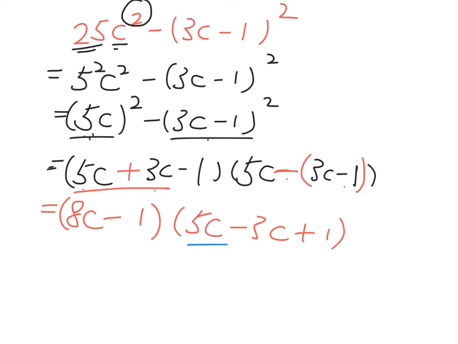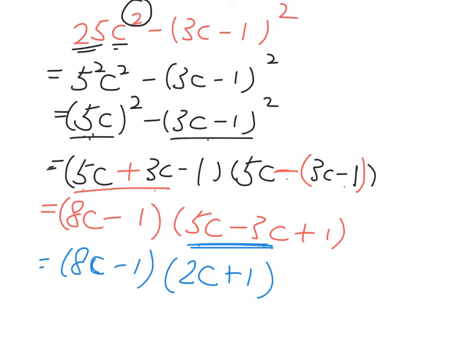Of course, that also has a like term, so you need to calculate this too. 8c minus 1 and 5c minus 3c, you should know becomes 2c only, and plus 1. Then (8c minus 1) times (2c plus 1) is the final result. It is the factorization of these two expressions.